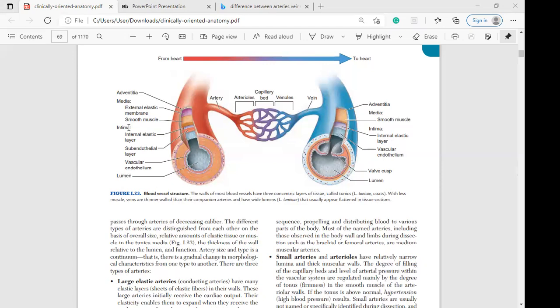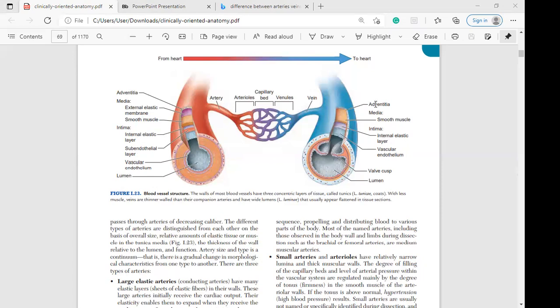In the artery, in the intima, we had a subendothelial layer, but in the vein there is none. So it goes from vascular endothelium directly to the internal elastic layer. Then in the media, you find only smooth muscles without an external elastic membrane, and then you have your adventitia.